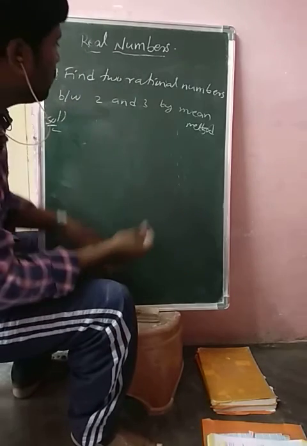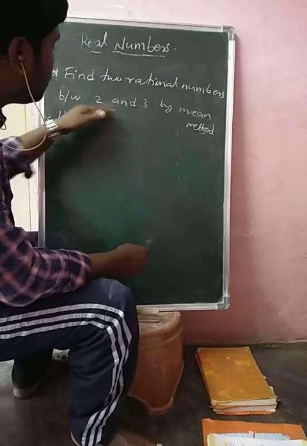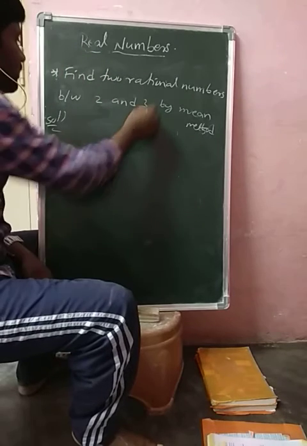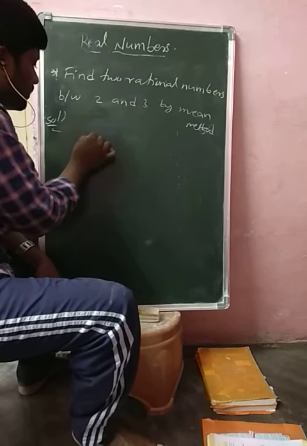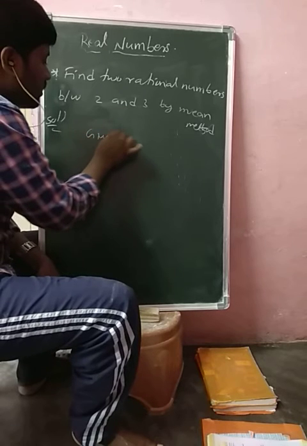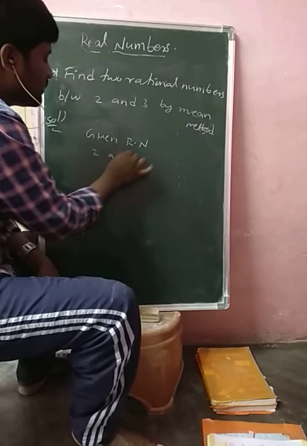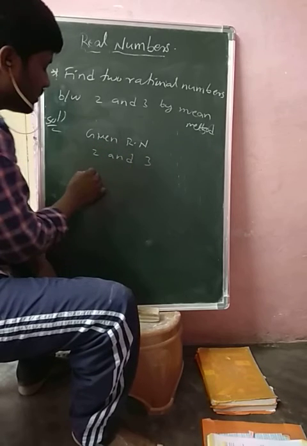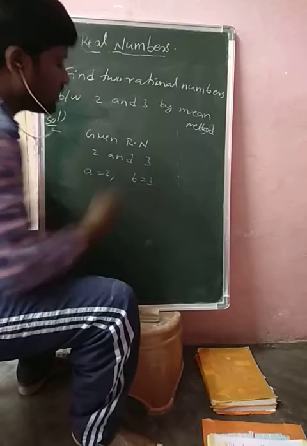So I am going to use the mean method. First of all, the given rational numbers are 2 and 3. You can take A is equal to 2 and B is equal to 3.